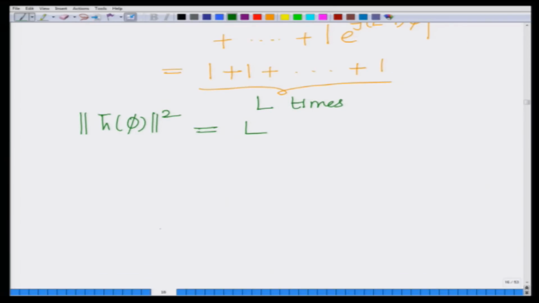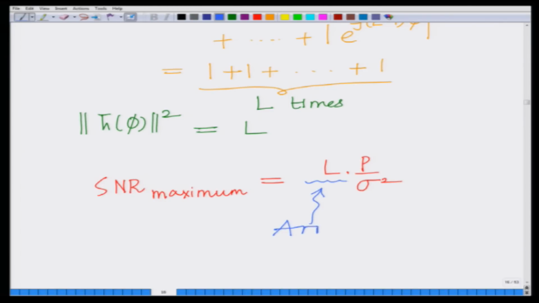Therefore, the maximum SNR is given as L times P divided by sigma squared, and this factor of L provided by this array is also known as the array gain of this system.